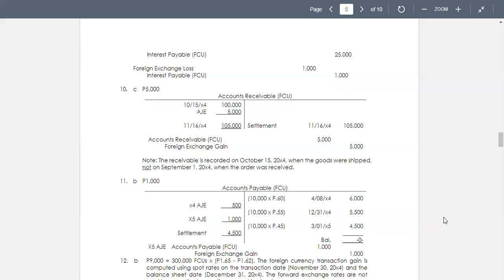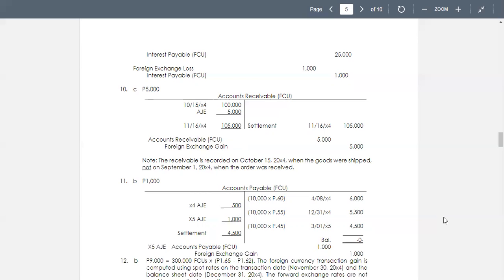Here we have the requirement of the problem in number 11. TT should report a gain of 1,000. So the gain to be reported is the amount of the FCU for the gain that's now credited for 1,000.